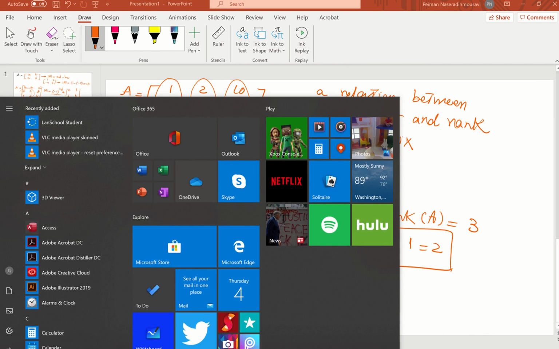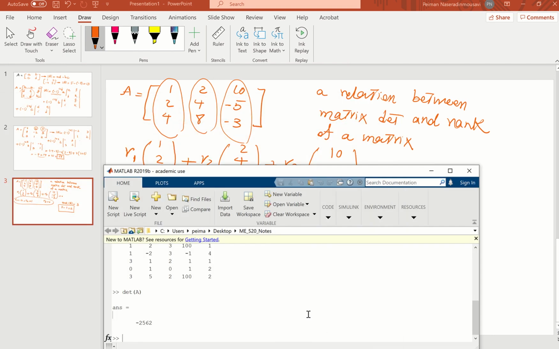Hold on, about determinant. Let me clean this. This is the command for cleaning the screen. CLC means clear. Okay, so A is 1, 2, 10. 2, 4, minus 5. 4, 8, minus 3. That's right.